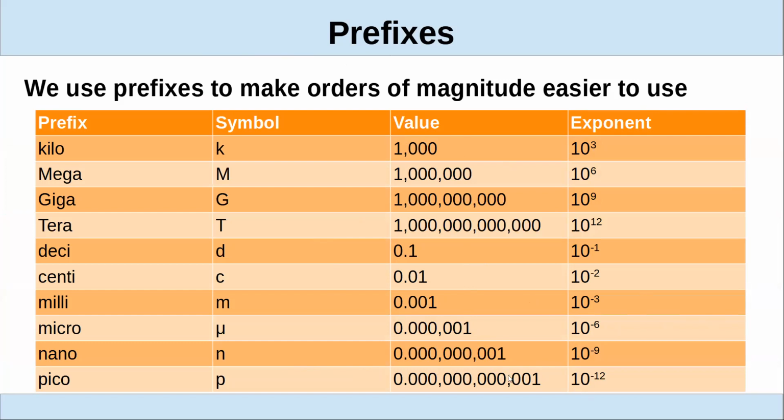So if you're going from picos to nanos, a nanofarad is going to be 1,000 picofarads. And a microfarad is going to be 1,000 nanofarads or 1,000,000 picofarads. So you just have to keep straight which way you're moving your decimal point.